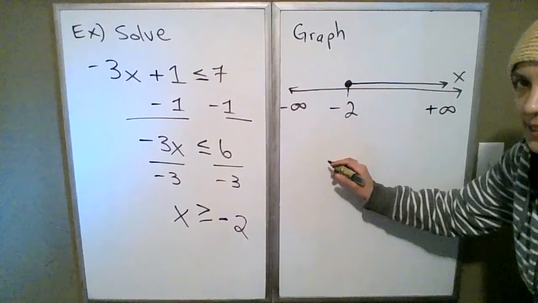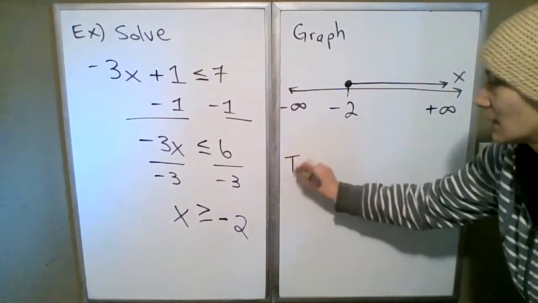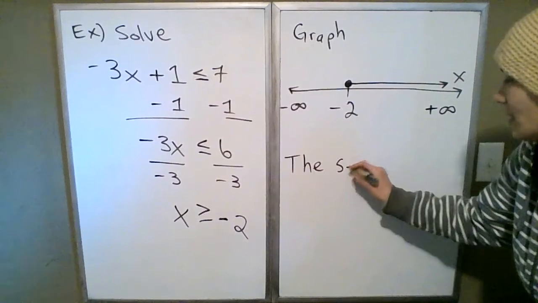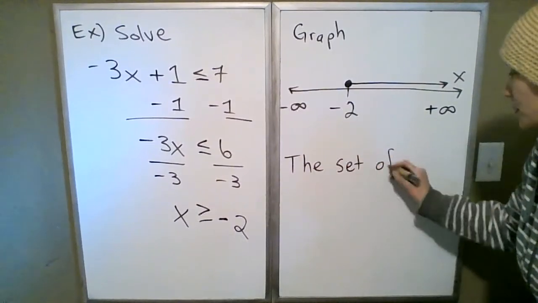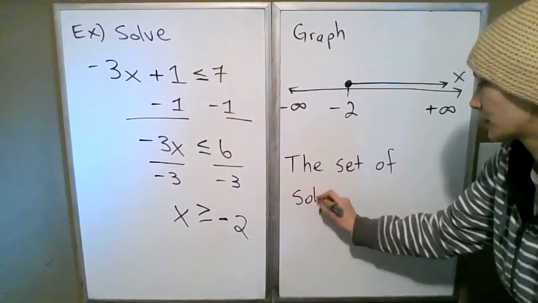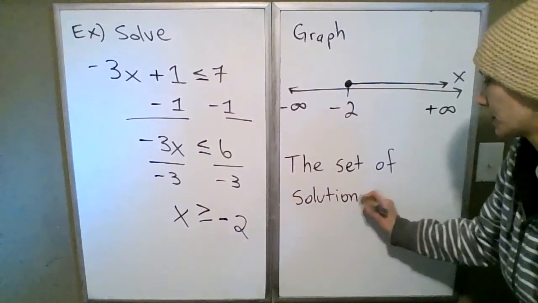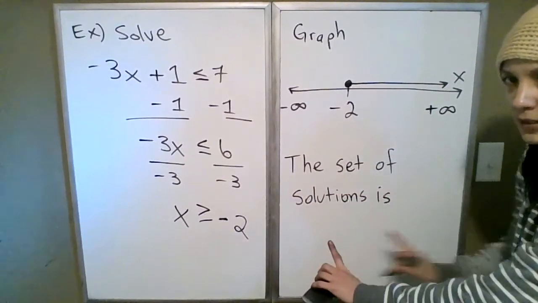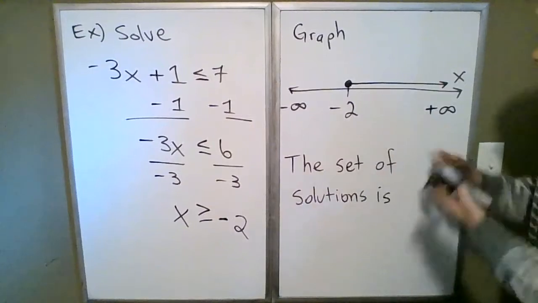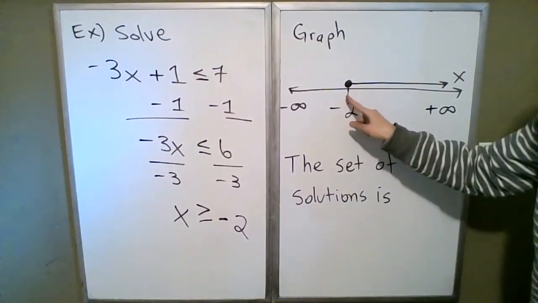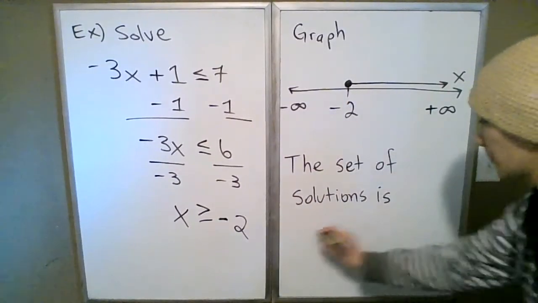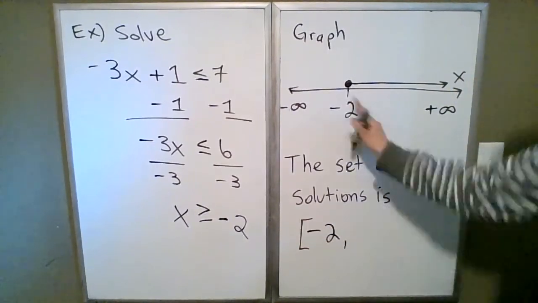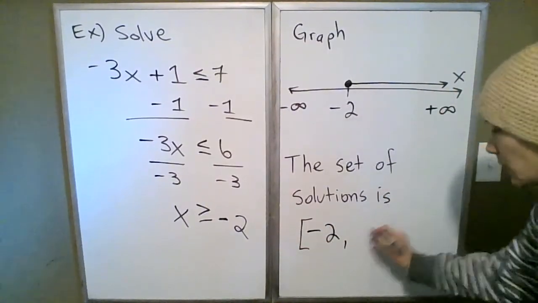So we're looking at the set of solutions in the interval notation. Going from your smaller number on the left, larger number on the right, start at -2 and include that with a square bracket. Go over to positive infinity, which always is going to have a parenthesis.